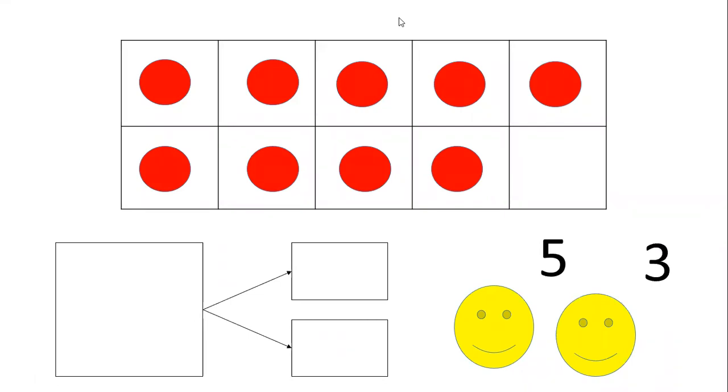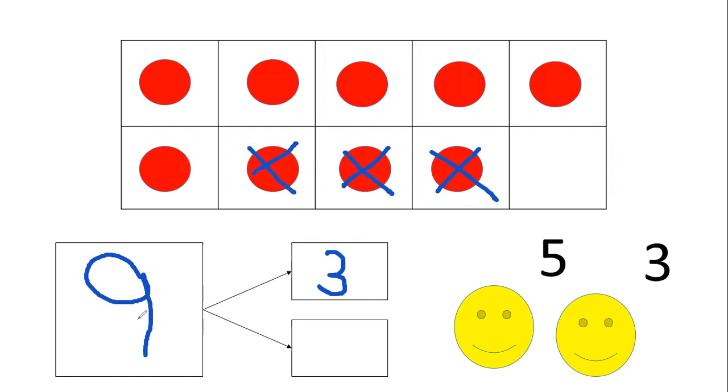Let's see how many were left just lying in the land. Are you ready? 1, 2, 3. 9 take away 3 is, yes, 6. Excellent.